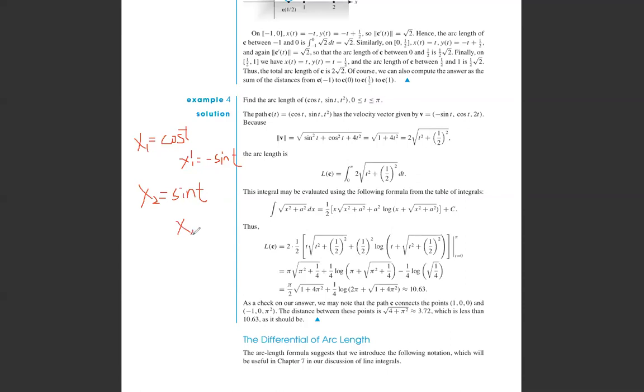So x2 prime is cosine t. X3 is t squared. So x3 prime is 2t.